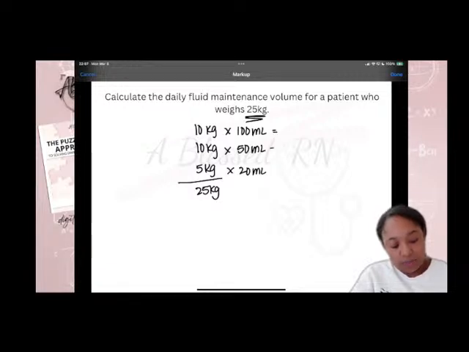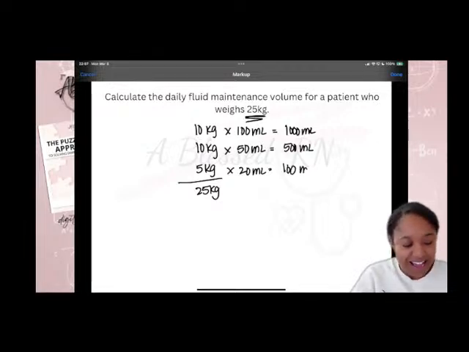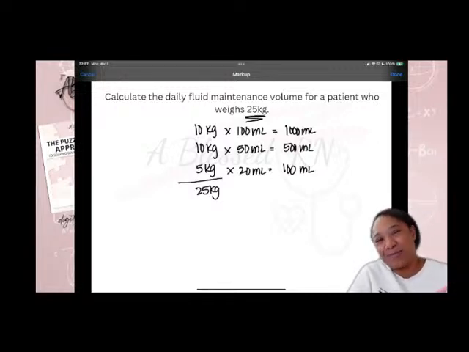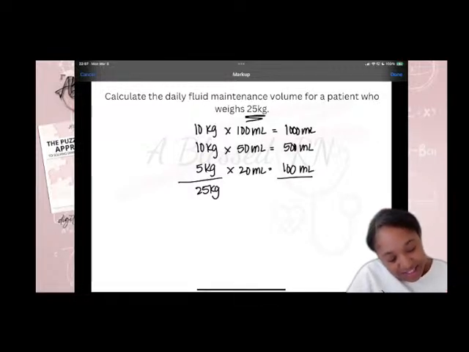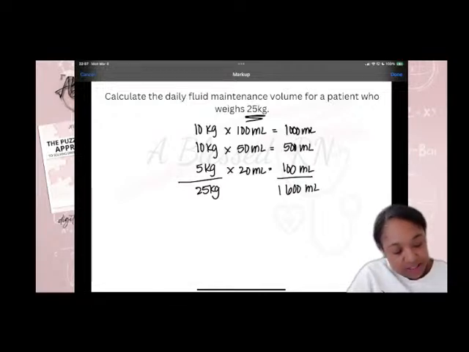So the first one is always going to be 1,000, the second one is always going to be 500, and then 5 times 20 is 100. Sometimes I have to do my simple math and double check. So that would be 1,600 milliliters in a 24-hour period.